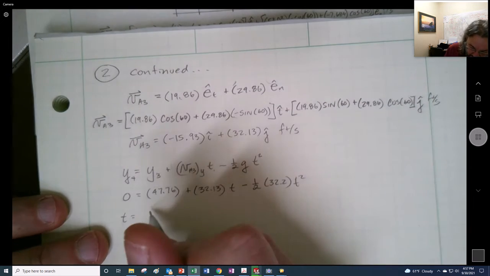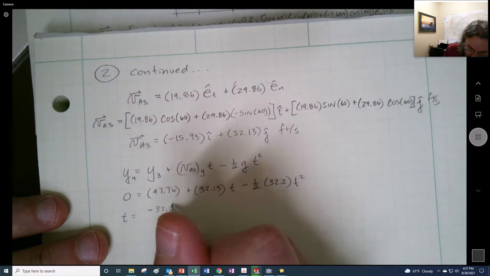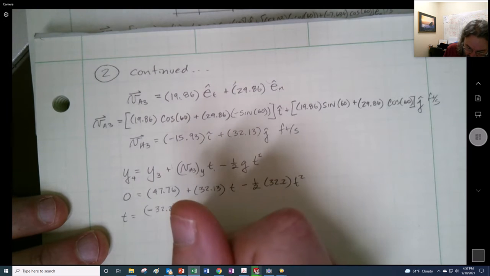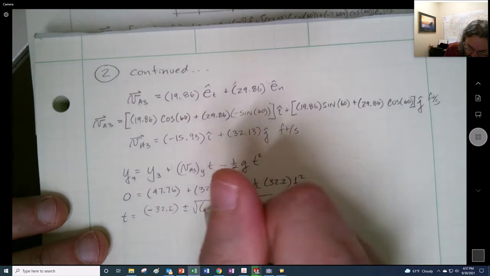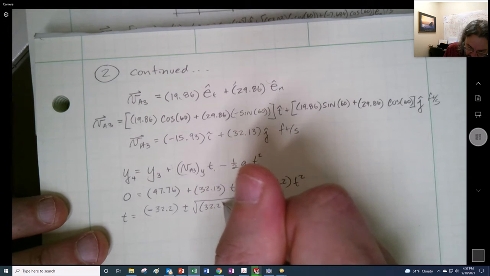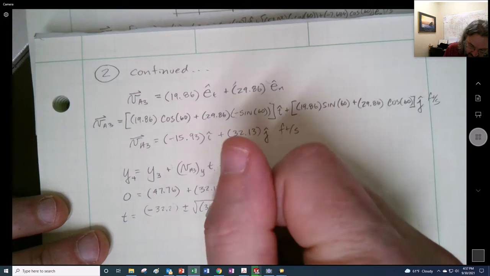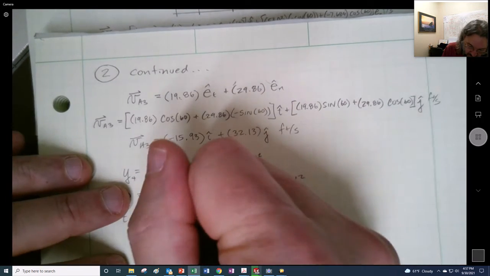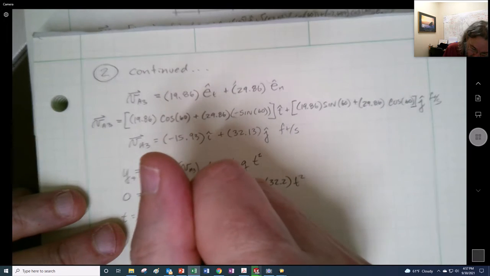I guess I'll do it this way. Negative 32.2, because that's b, so it's negative b, plus or minus the square root of 32.13 squared.